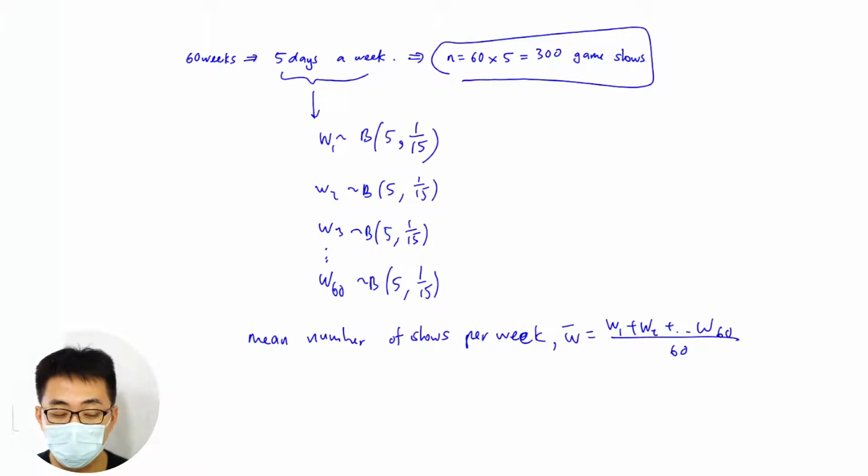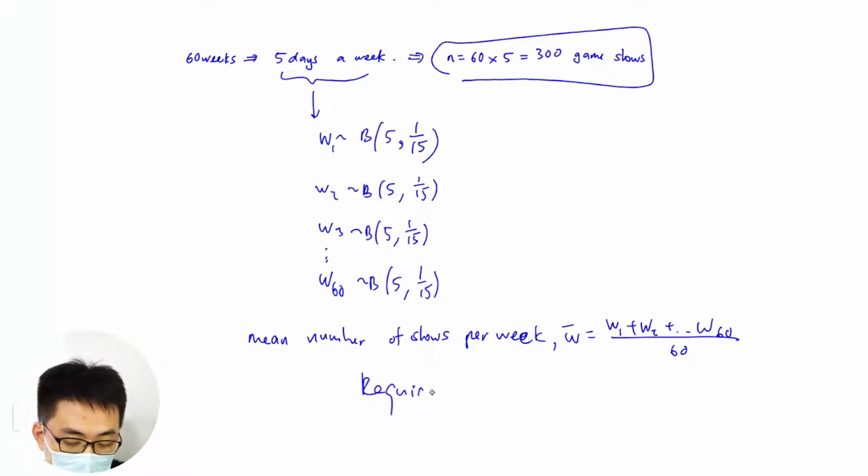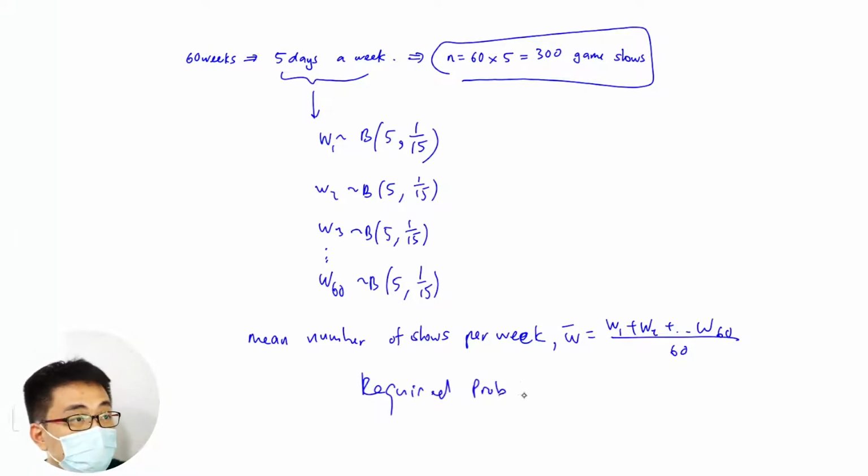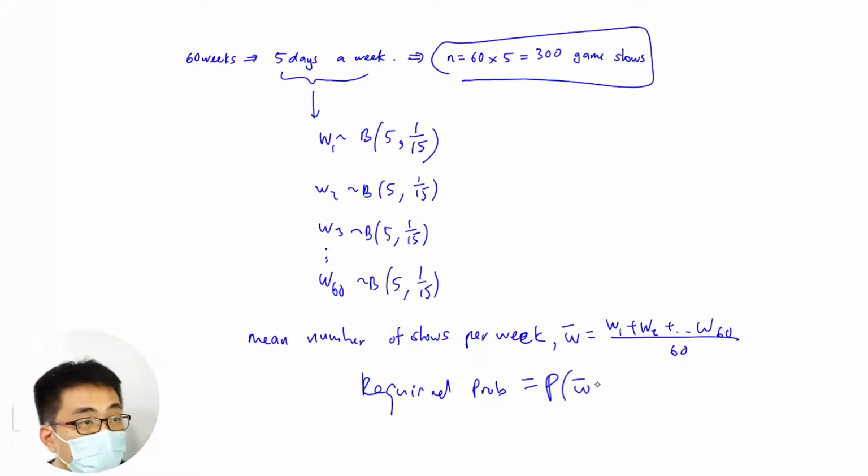So I take week 1, week 2, week 3. The required probability is that bar W is more than 0.4.